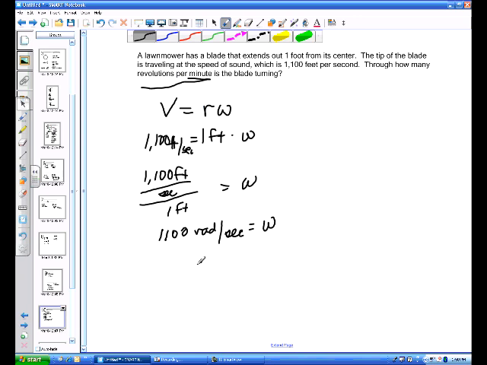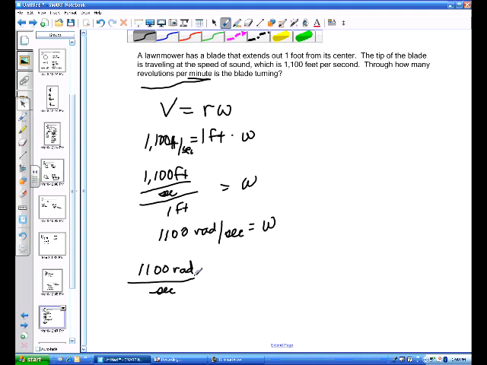So we're going to have to do some conversions. You have to be careful in all these problems because a lot of times there's more than just the first computation.